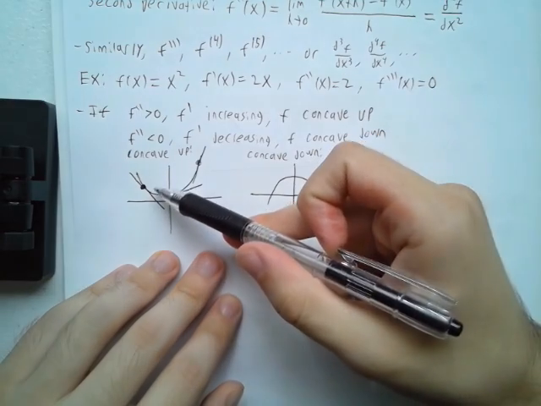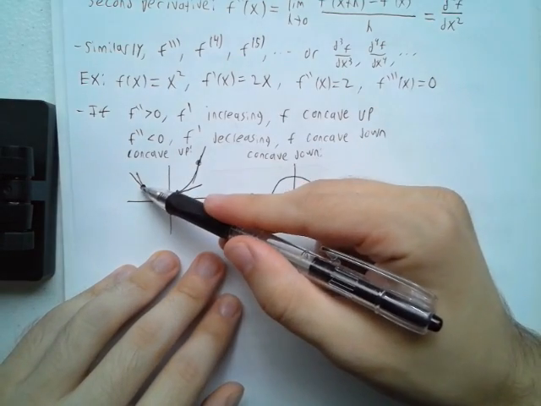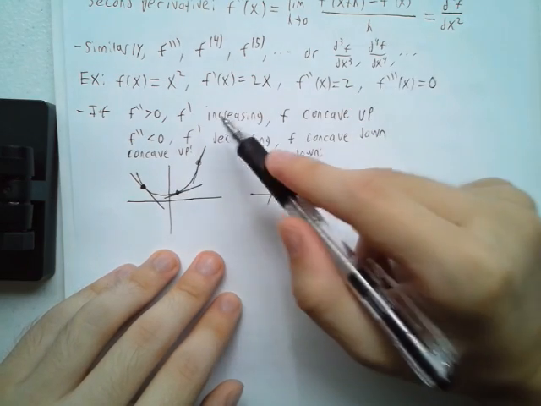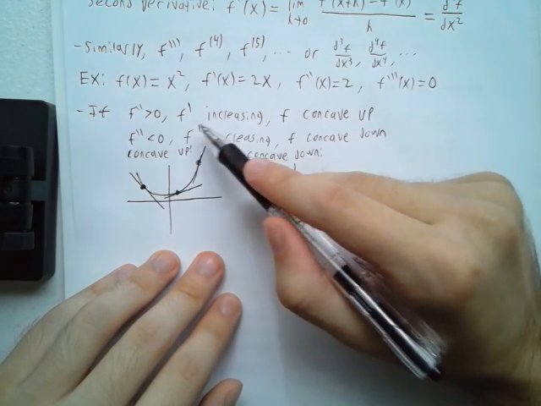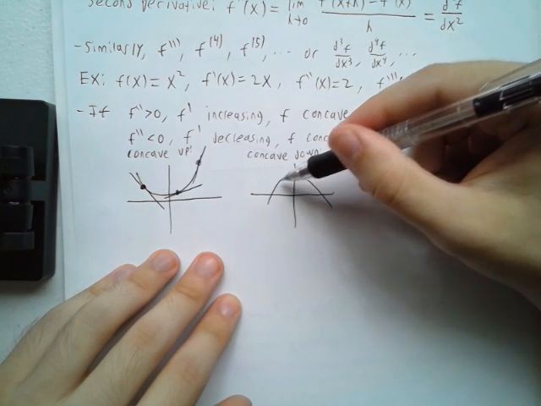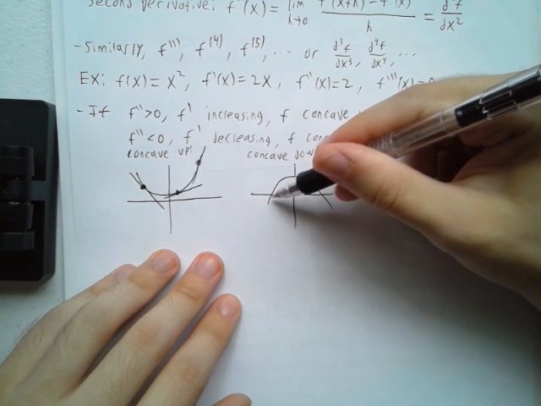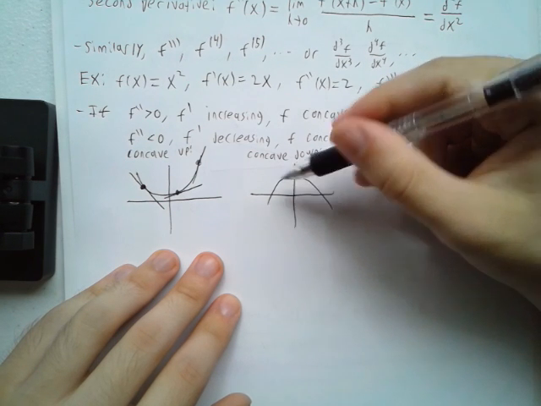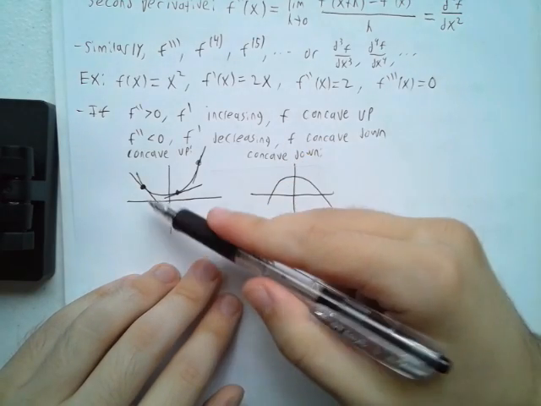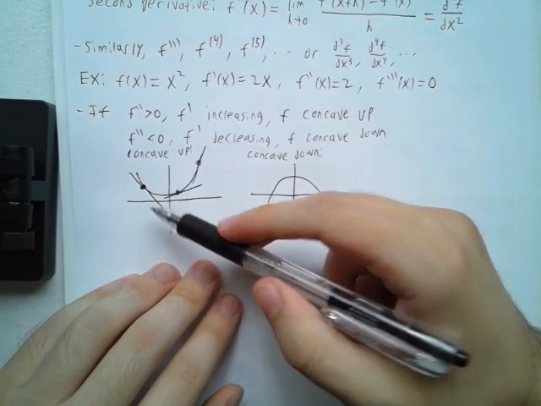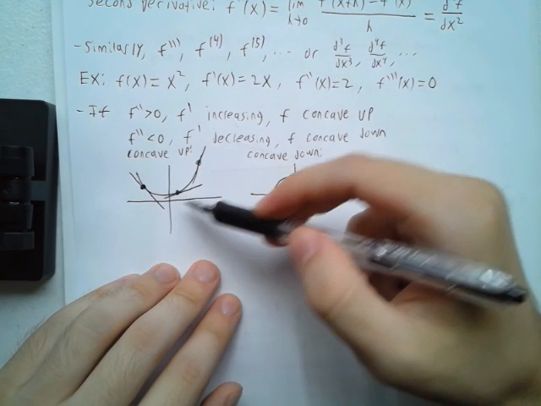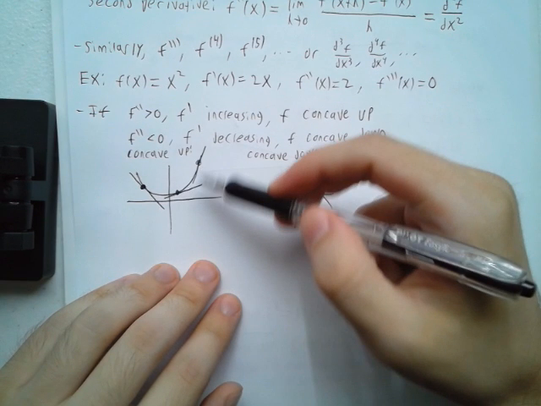So for a concave up function, the slopes of the tangent lines are increasing as we move from left to right, which makes sense with this idea that f prime is increasing, as f prime is the slope of the tangent line. Similarly, for a concave down function, the slopes of the tangent lines will be decreasing as we move from left to right. So this gives us a way to interpret what the second derivative tells us about the function. It's somehow how it's curving. Is it curving upwards?